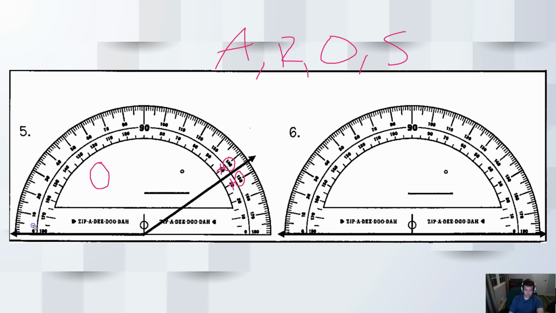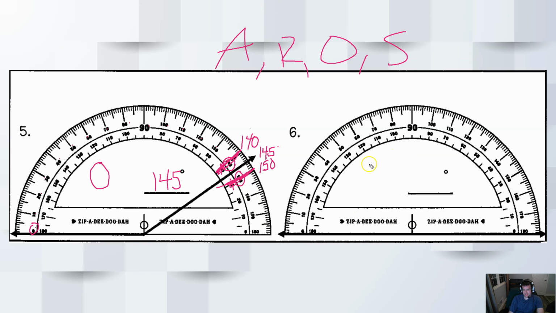So when you're counting, right, here's 0, 0, 10, 20, 30, 40, 50, 60, 70, 80, 90, 100, 110, 120, 130, 140. It's halfway in between 140 and 150. Well, if this is 140 and this is 150, halfway in between those two numbers is 145 degrees.